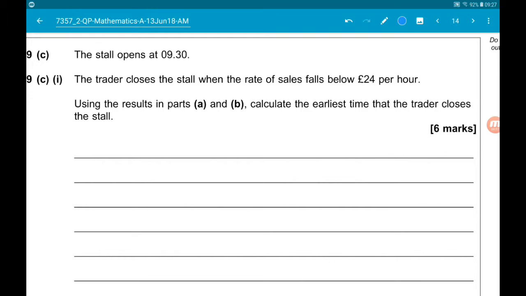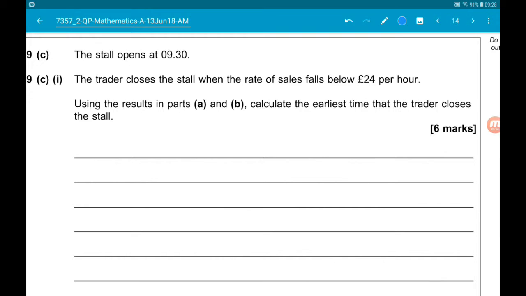There's always a little bit of a, do we use an inequality, do we use an equation sort of thing that goes on with this type of question. So we know by the model that as soon as the rate of sales hits 24, pretty much straight after that it's going to fall below 24. So we are absolutely fine to use an equation.